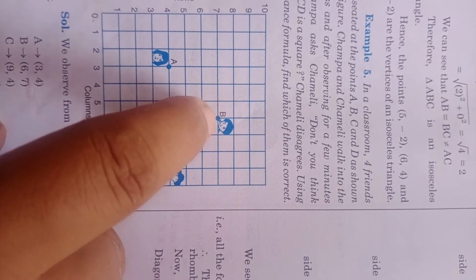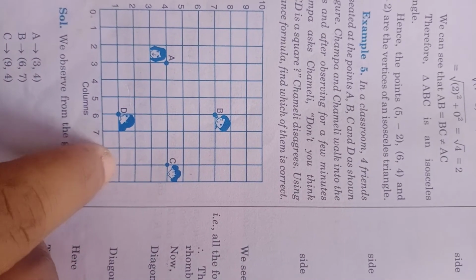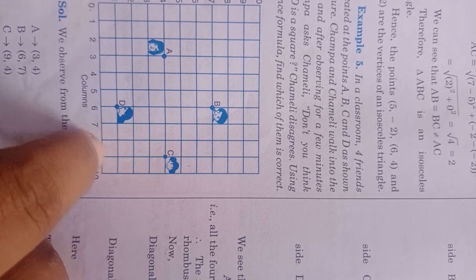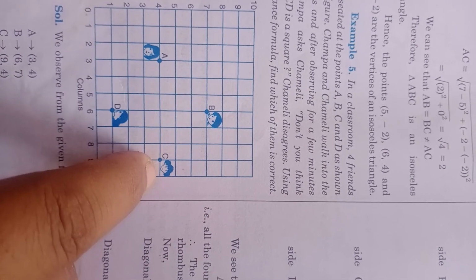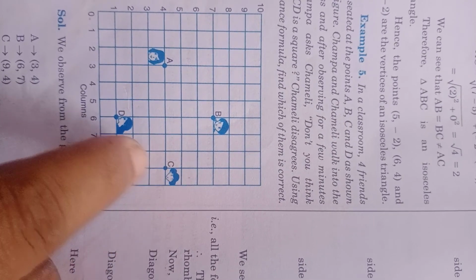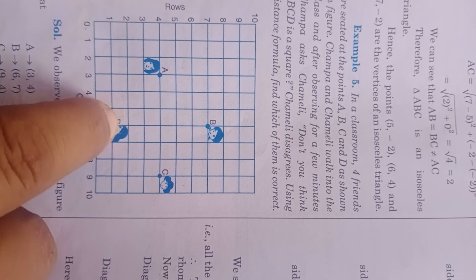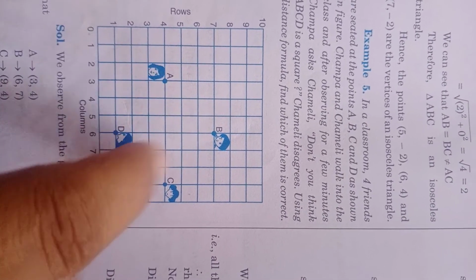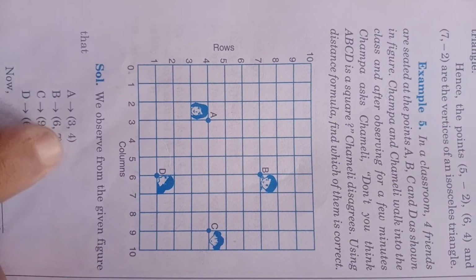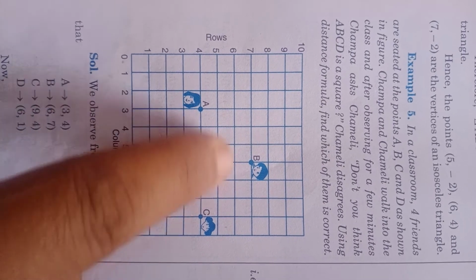The values of C: x value is 9 and y value is 4, so 9 comma 4. And D is 6 and 1. You know how to find the coordinates of a point in a Cartesian system. They are given the points A, B, C, D. It's a Cartesian system.